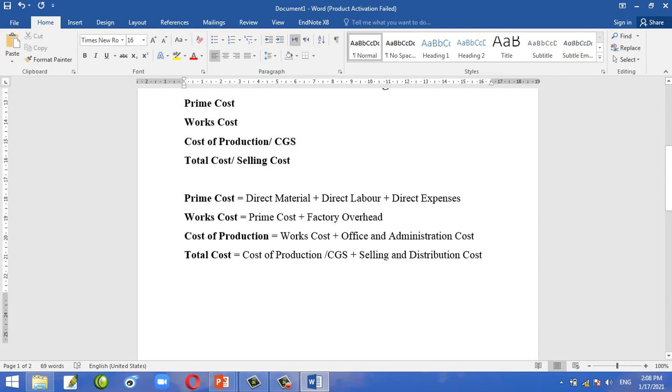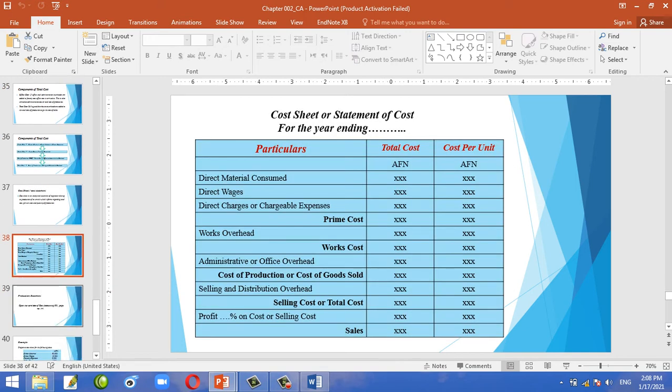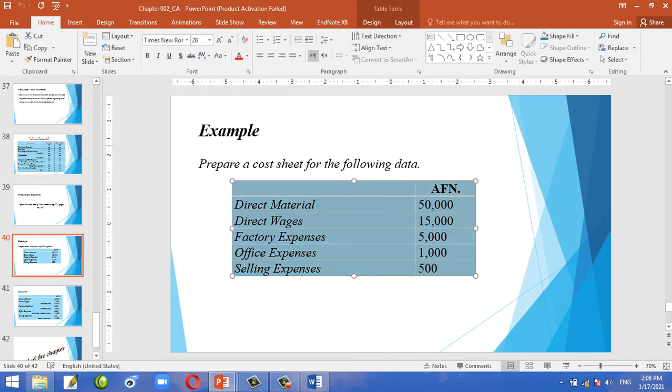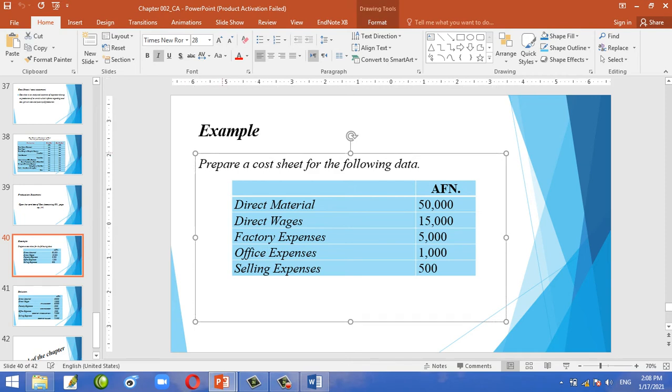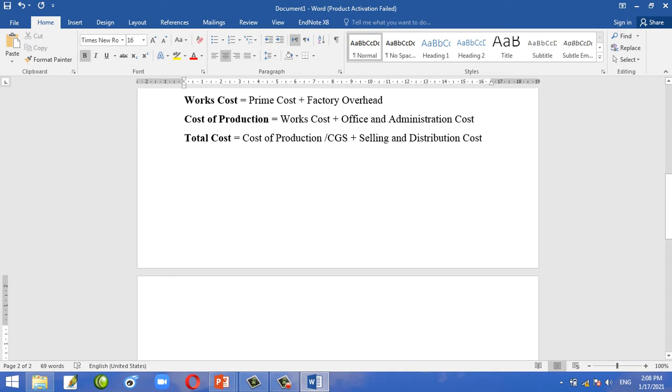Now come to the example. Here is an example of the cost. It means how to prepare a cost sheet. So I will copy this one, that we have to find.